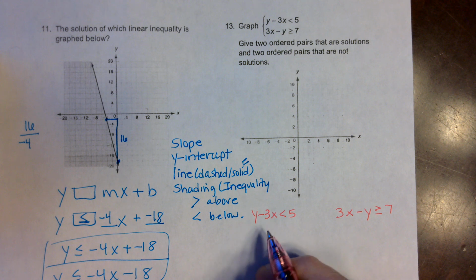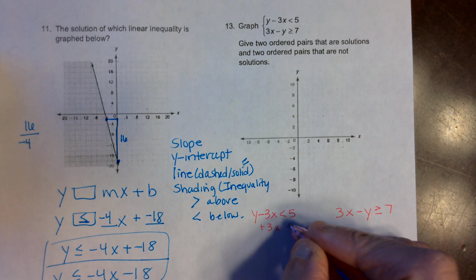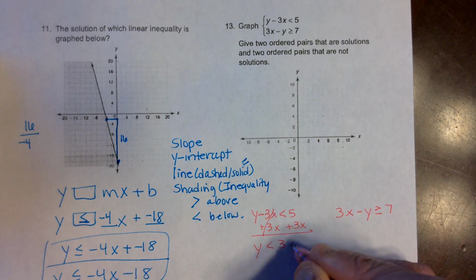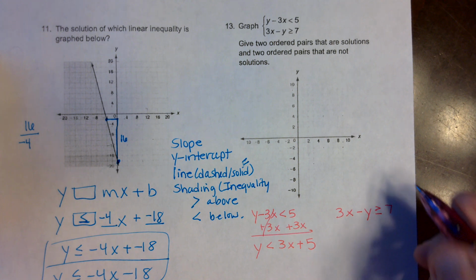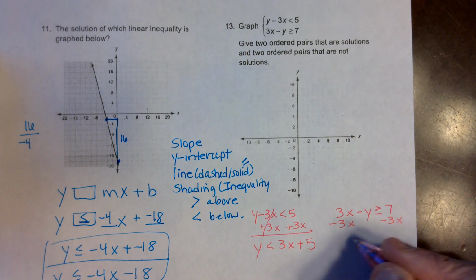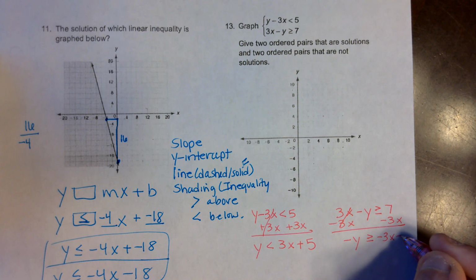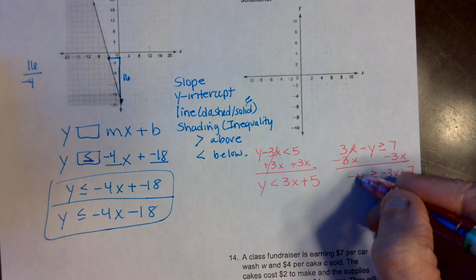Okay, so here we go. We've got to solve this. I'm going to add 3x to both sides. And now I need to solve this for y. So I'm going to subtract 3x. I'm glad this is coming up because wait till you see what happens here. I've got a negative y. I have to divide. There's a negative 1 there, right?